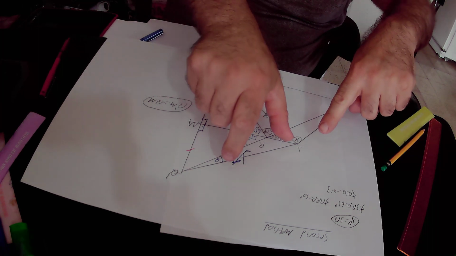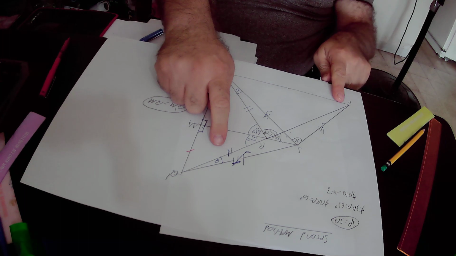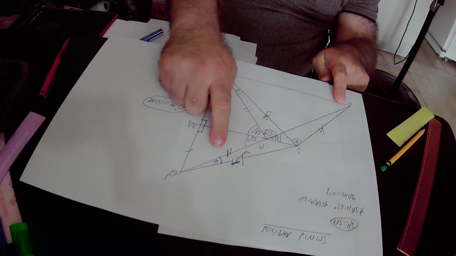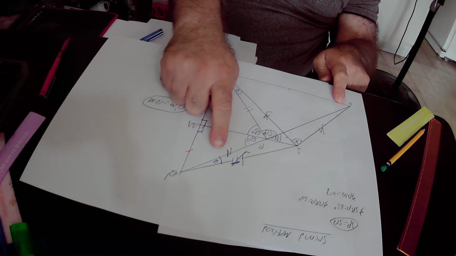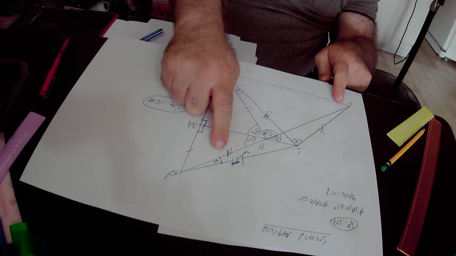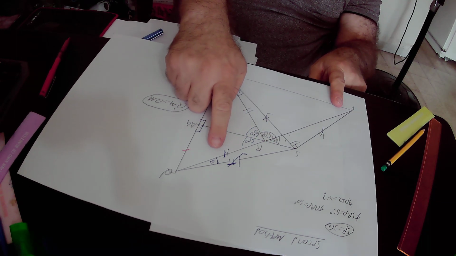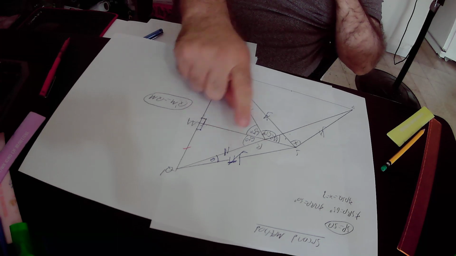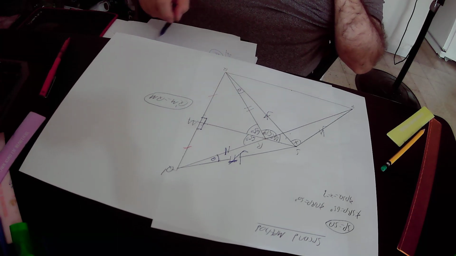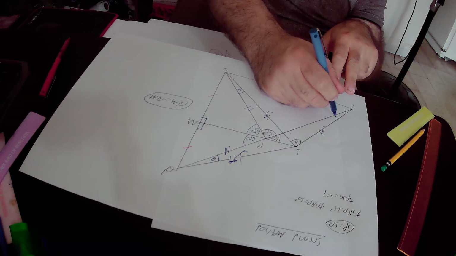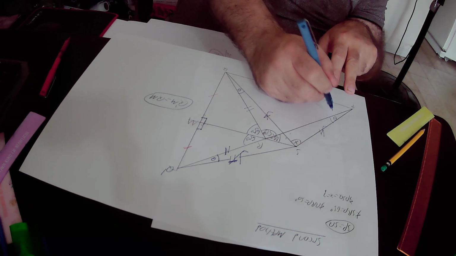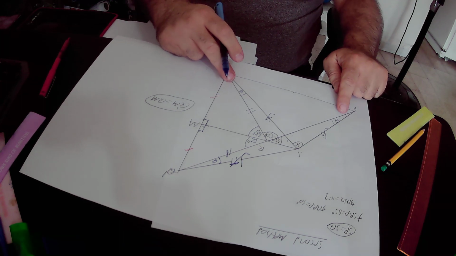So in front of these two sides we have those two angles, and those two angles are equal to each other according to the rule that I mentioned, because they are located in front of equal sides Y and Y. We know that this angle equals theta, so this angle must also equal theta. So those two angles are both equal to theta.